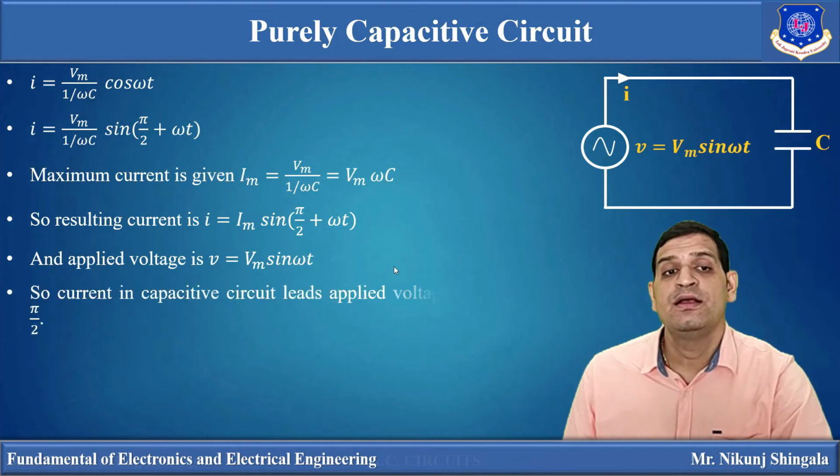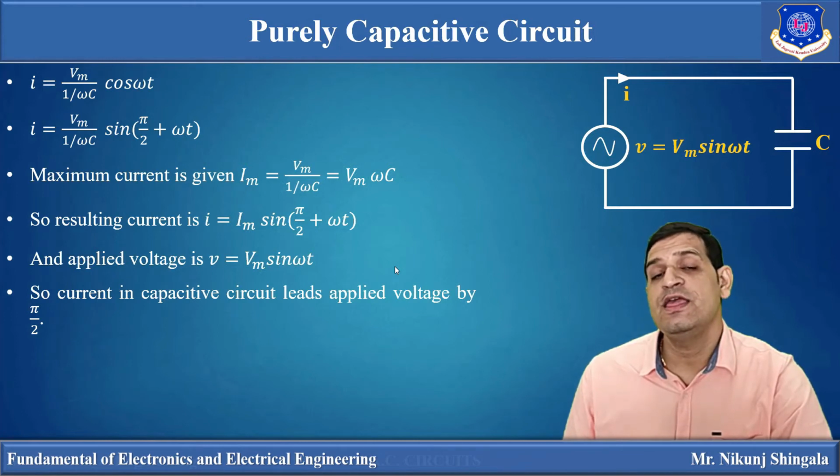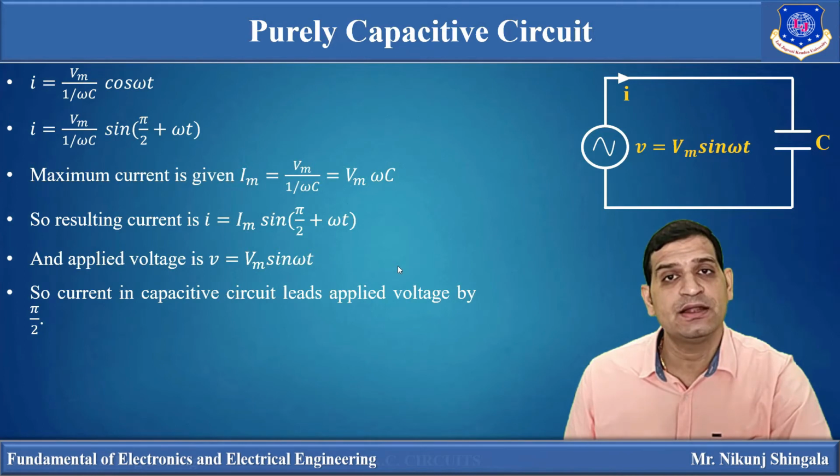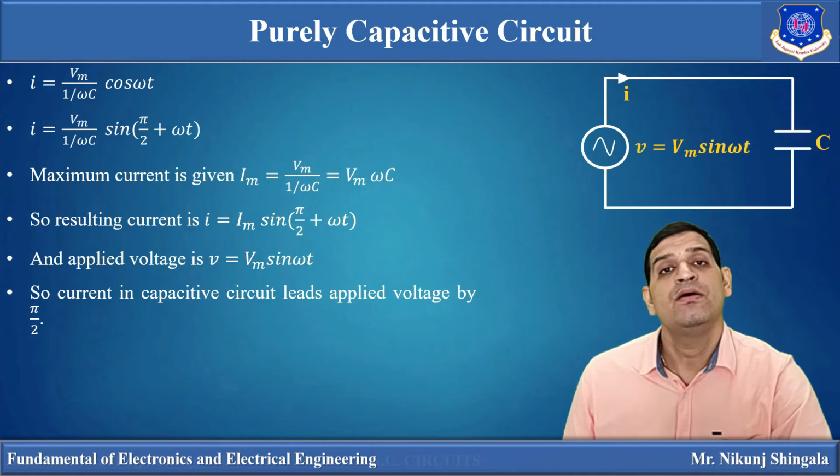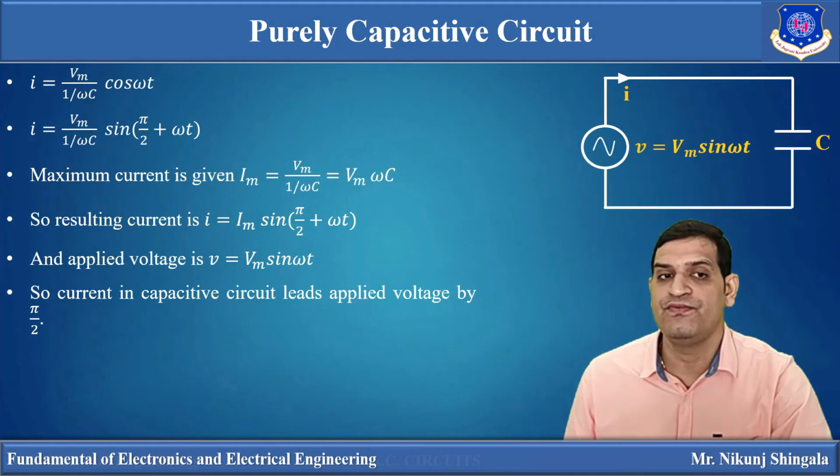So we can say for purely capacitive circuit, current leads the applied voltage by pi by 2. In the case of purely inductive circuit, current lags behind the applied voltage by pi by 2, but here current leads the applied voltage by pi by 2. And for purely resistive circuit, voltage and current are in phase.